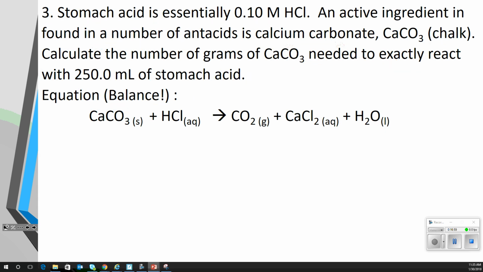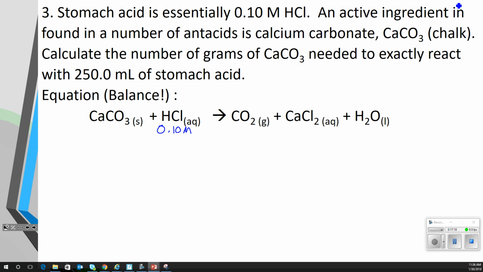Last one. This one, we've got stomach acid is at essentially 0.1 molar HCl. So, okay, I've got this, 0.10 molar. So they already gave me the equation. An active ingredient found in a number of antacids is calcium carbonate, chalk.